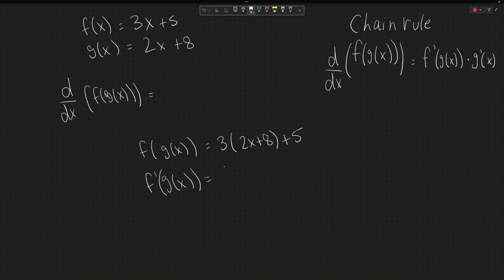Okay, 6x plus 29, that would just be 6, isn't it? I'm going to show the expanded form here. Plus 24 plus 5, and this would become 6. So, I'm adding 6 here, which is f prime of g of x times g prime of x, which is 2 times 2, and the answer is 12.